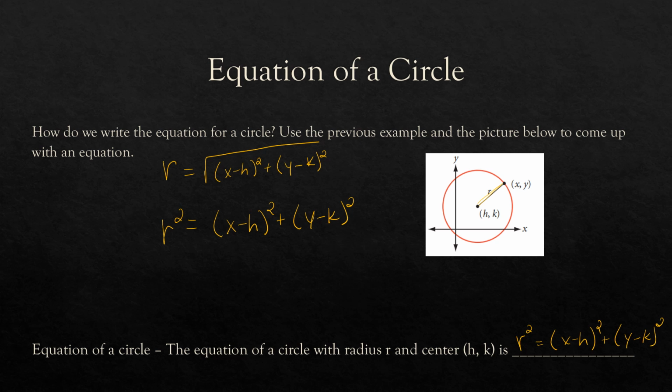So we take our radius squared, or our distance squared, and we say that it's x minus h squared plus y minus k squared. Again, that's the difference in my x values, one being on the outside of the circle and one being the center, and the difference in my y values, the y being on the outside and k being in the center. And that xy could be any point on the circle.